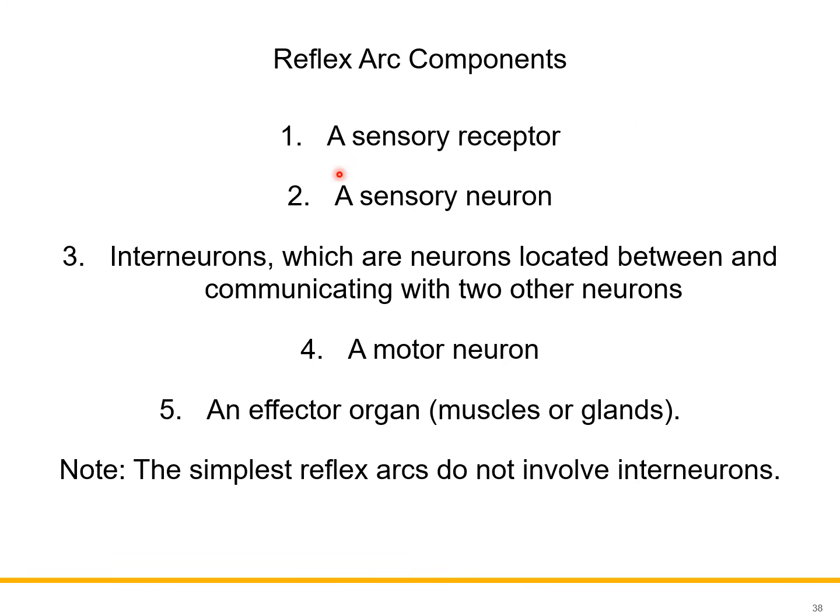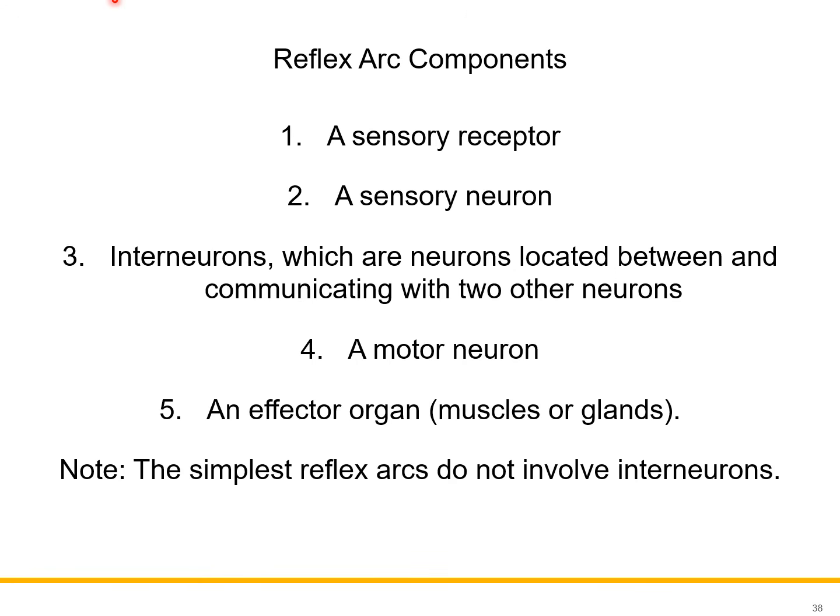Number 2, a sensory neuron would process that information and then pass it on to interneurons in the form of chemical signals or action potentials. Number 3, interneurons would receive that information. Number 4, it is then sent to motor neurons, which are mainly responsible for communicating with muscles, until finally, number 5, it would reach the effector organs, or the organ that needs to react to the stimulus.